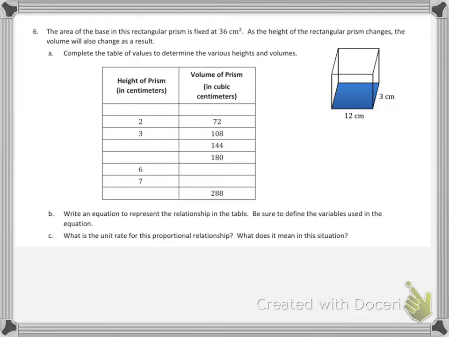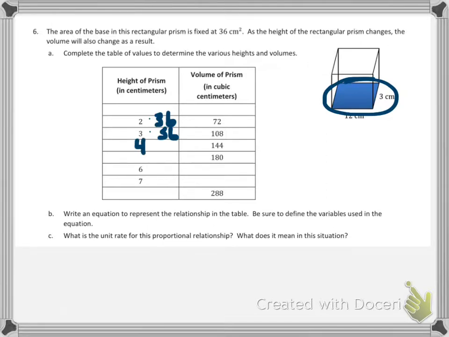Well, you can see that if we take the area of the base, which is 36, and multiply that by 2, we get 72. And 36 times 3 will be 108. So in order to get the height when the volume is 144, we're going to take 144 and divide that by 36, and that gives us the 4.